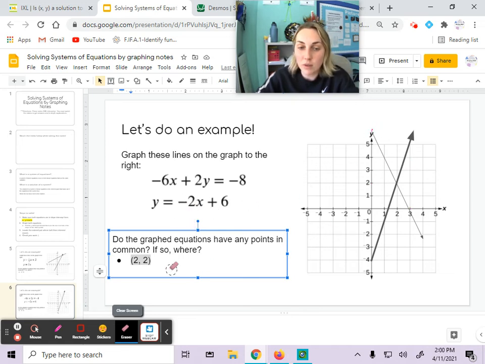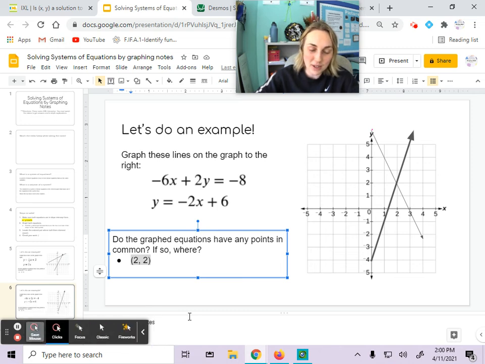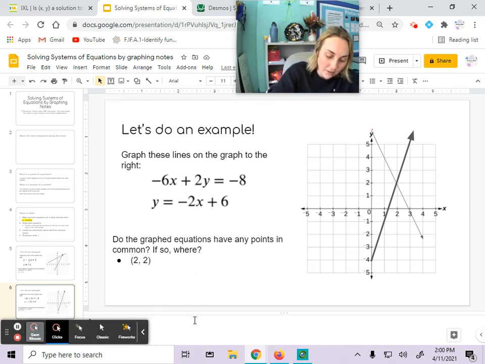Okay, so for example, on this one, let's go back to the IXL real quick. I'm going to show you. What you're going to do is write down your ordered pair. You're going to write down both equations, and you're going to substitute your ordered pair numbers into both equations to make sure that it works out.